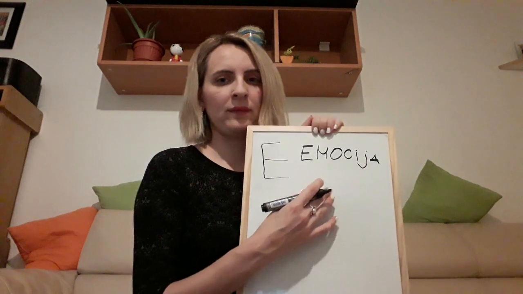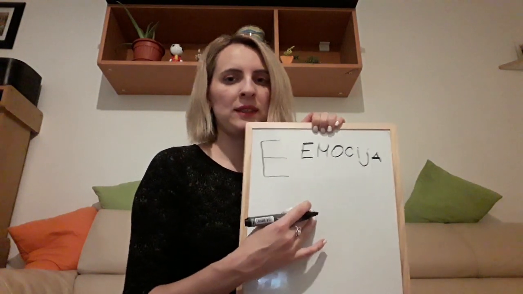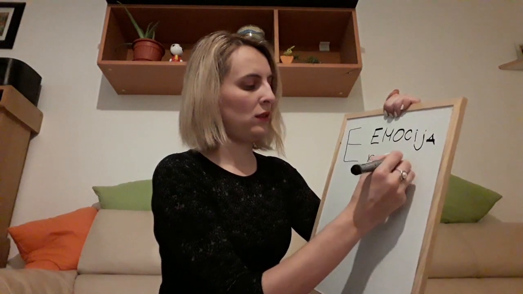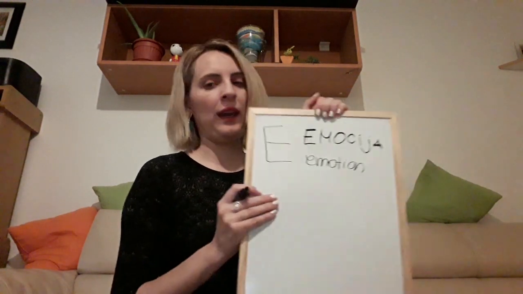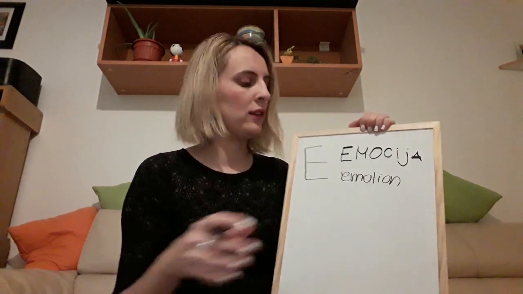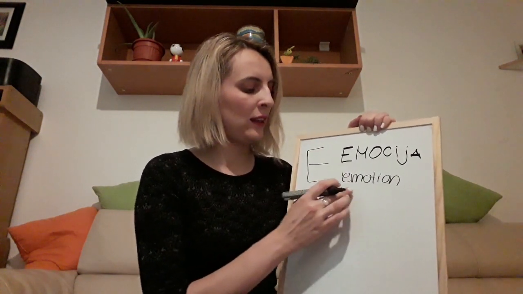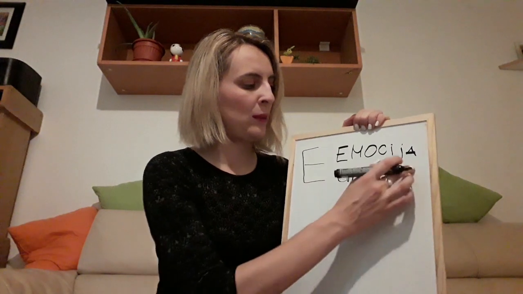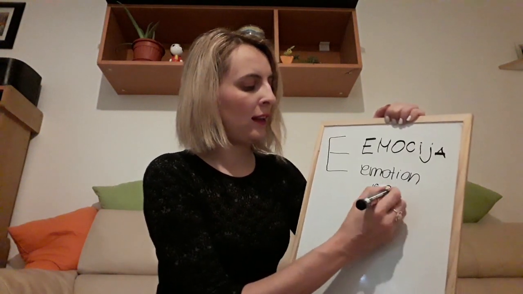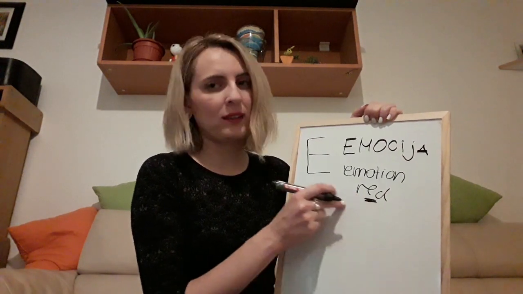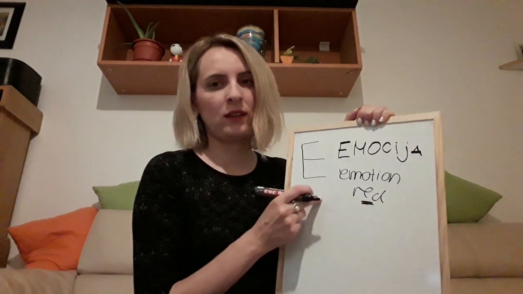Emocija means emotion in English. So e, like in red. So emocija, e, means emotion, but it is like the e in red. So red, e is this letter, e.